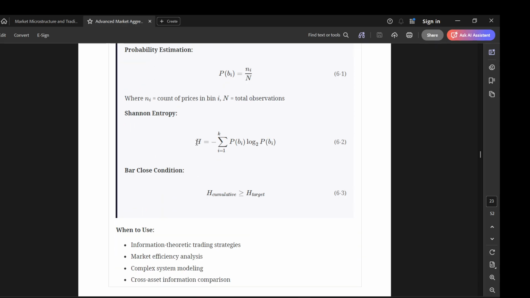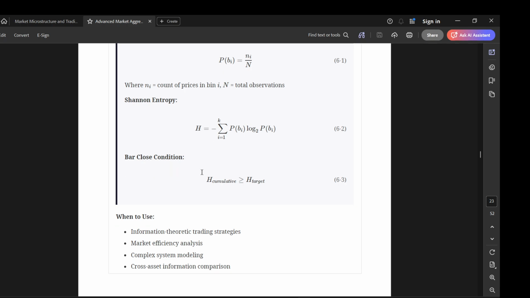Shannon entropy equation: H equals negative sum of p of b sub i times log sub 2 of p of b sub i, where i indexes from 1 up until k. The bar close condition: every single bar is closed when H sub cumulative is greater than or equal to H sub target, right?